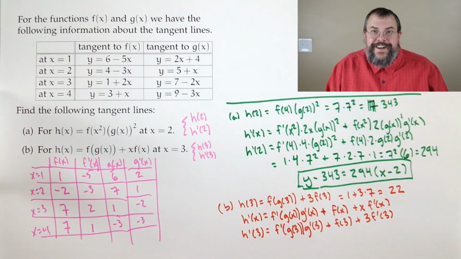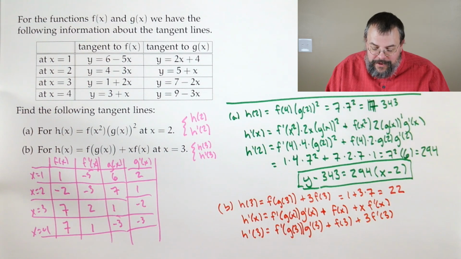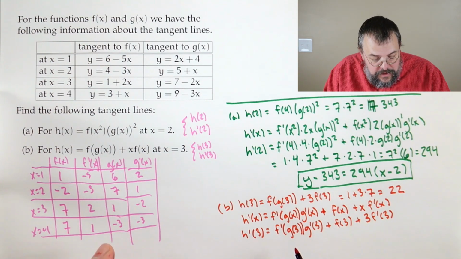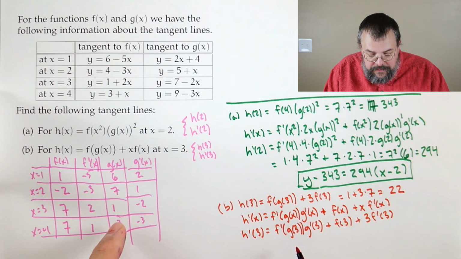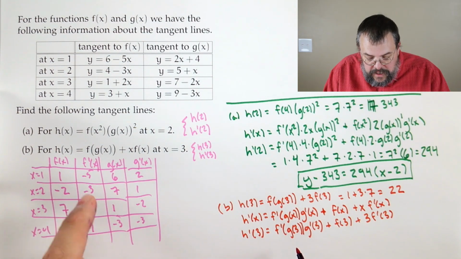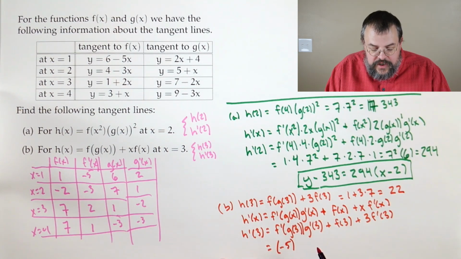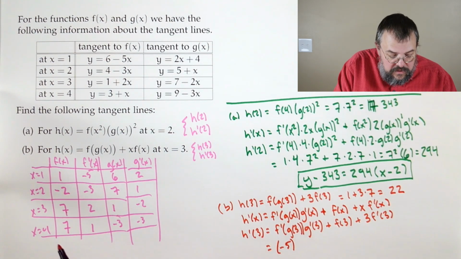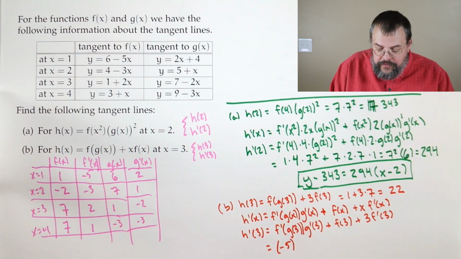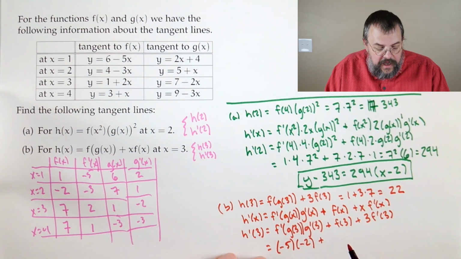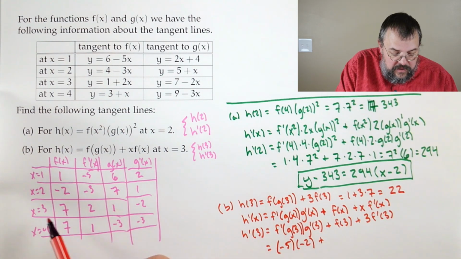Good. Now we'll start working our way through this. So g of 3 is still 1. That's good. f prime of 1 is negative 5. So we get negative 5. g prime of 3 is negative 2. So negative 5 times negative 2 plus f of 3 is 7.